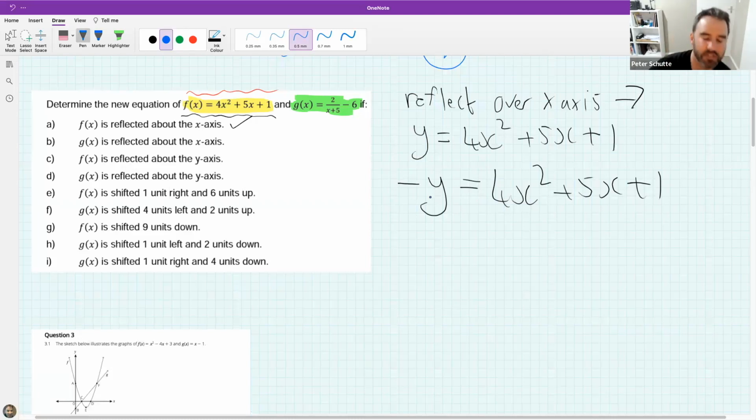It's almost like I want to get this y by itself again. Divide by -1. Yes, Ayanda, you could divide by -1, or you could times by -1.